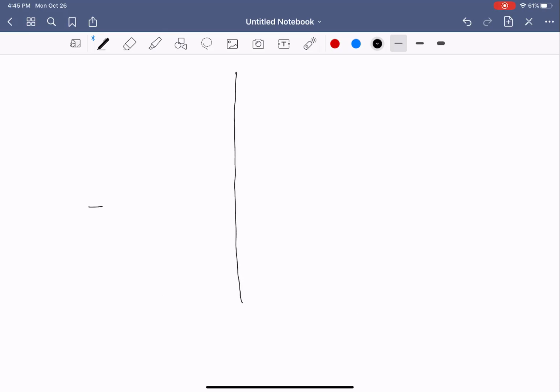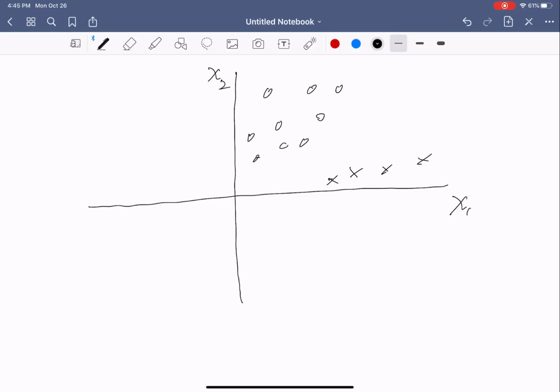We have all kinds of data, and let's say this is our x1, this is our x2, and we want to look at observations. Suppose we had observations all along here.